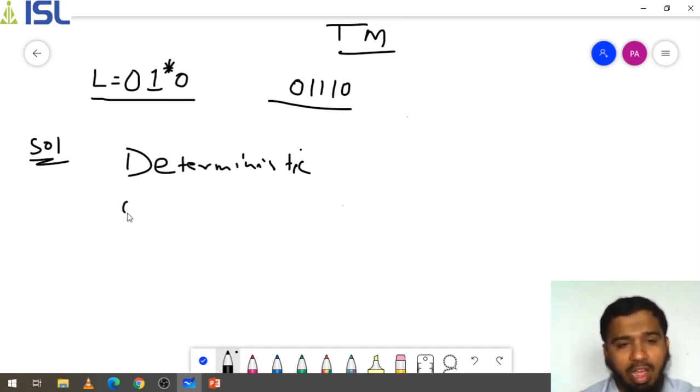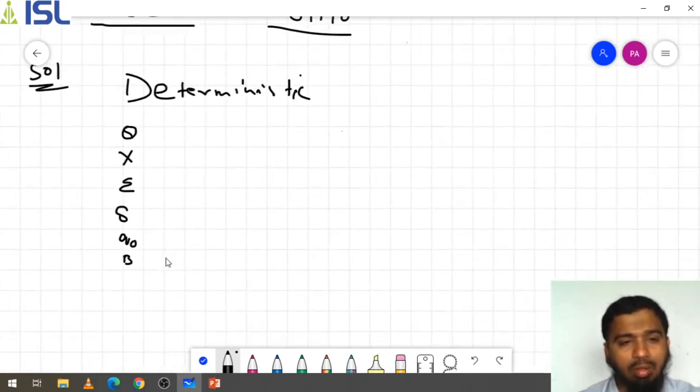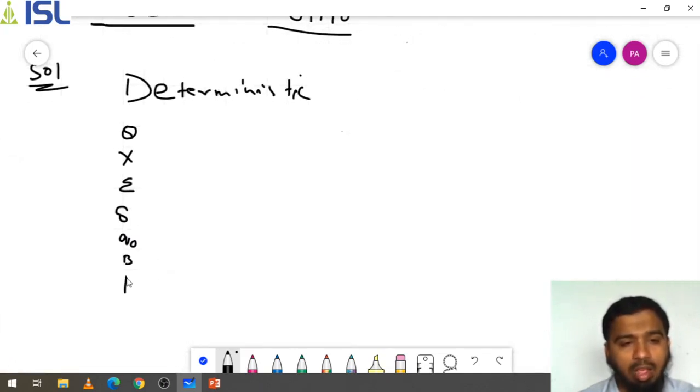What are the tuples we have? We need to take Q, X, sigma, delta, initial state Q0, B blank, and F is the final state.